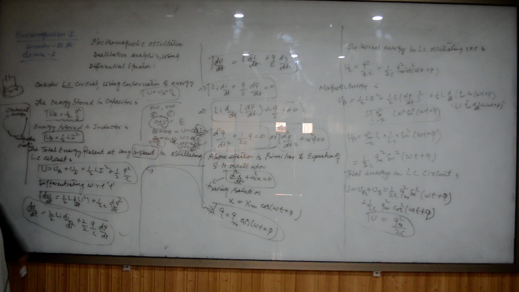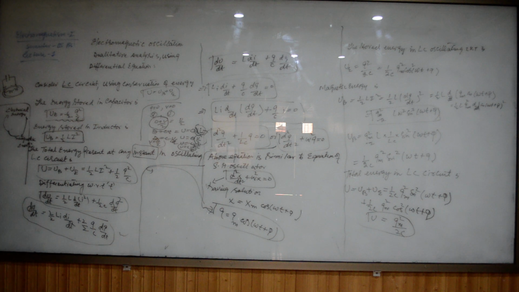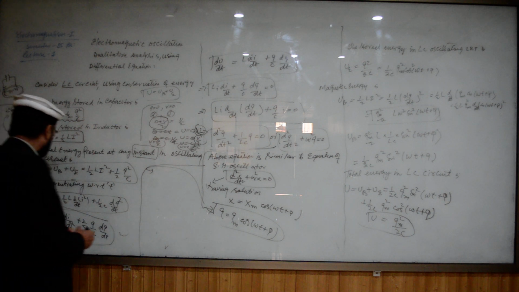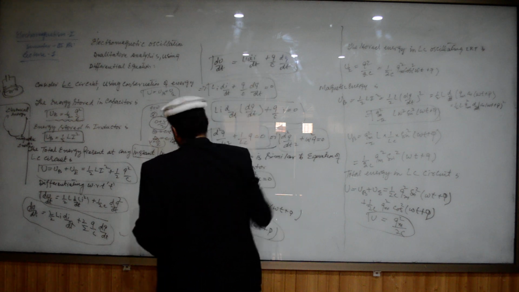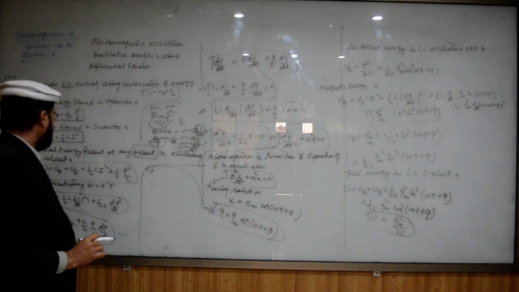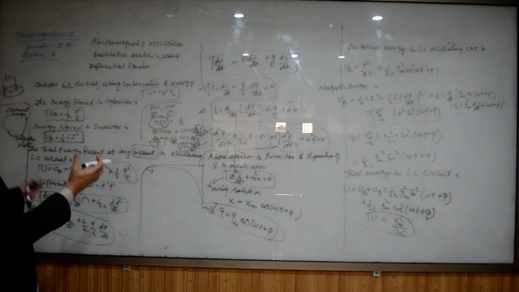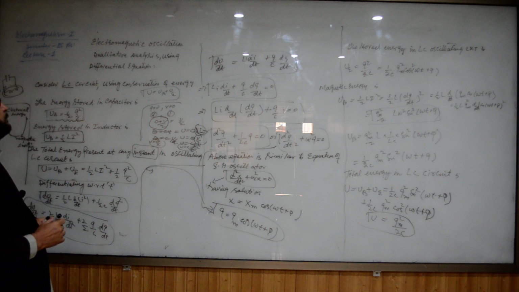Cancelling 2 2, you will get du by dt is equal to Li di by dt plus Q by C dq by dt. You can write the above equation as Li di by dt plus Q by C into dq by dt, that is equal to 0.